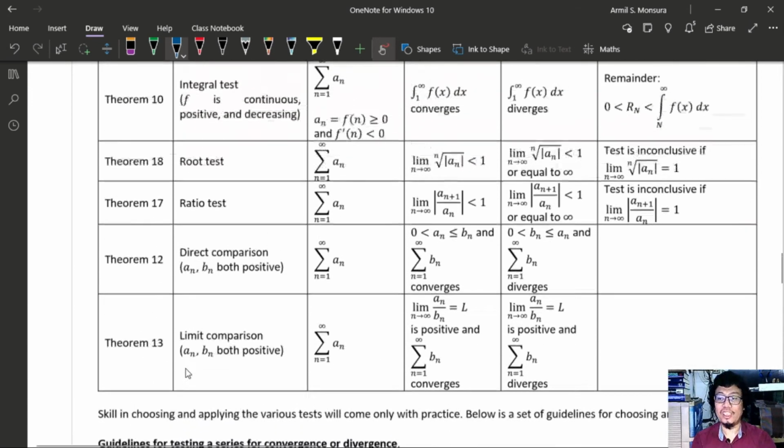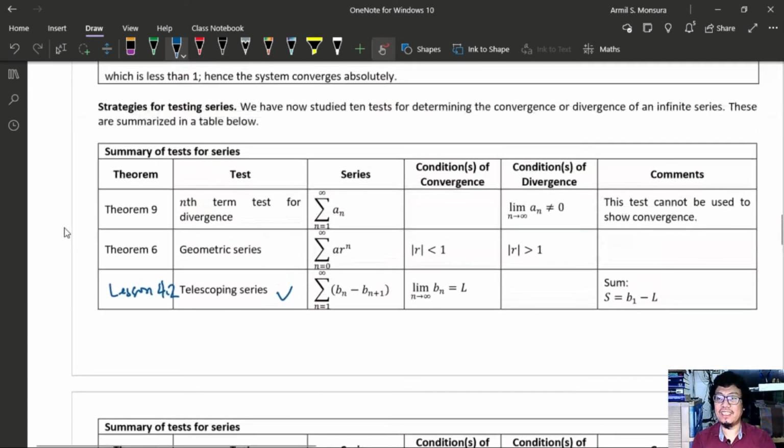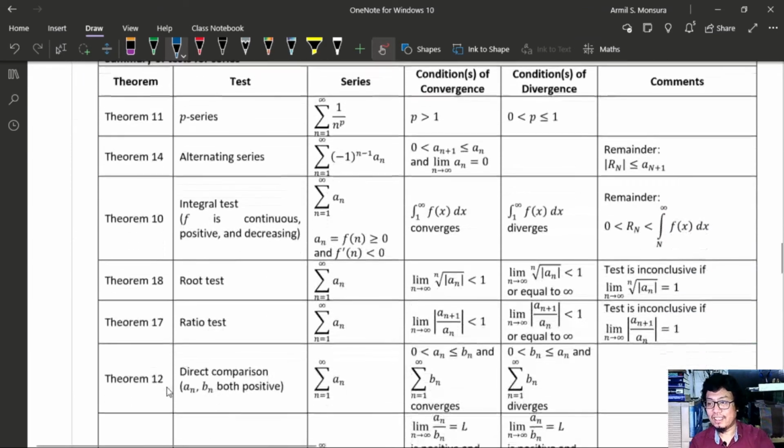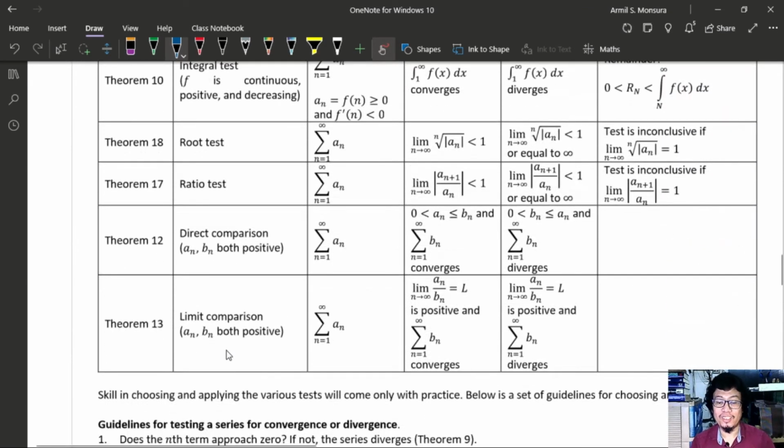Actually, this arrangement is the order of priority, meaning which test you would look for first. That means the direct comparison and the limit comparison are the tests of last resort.